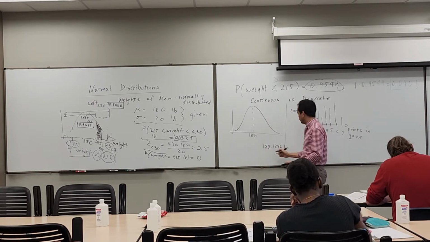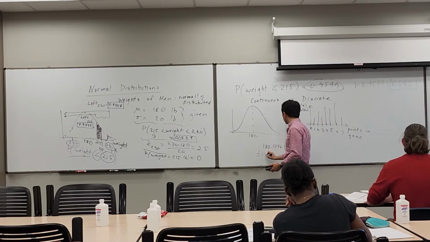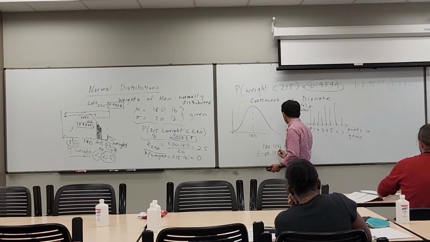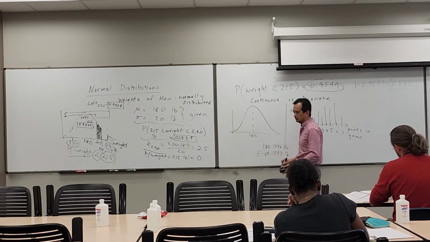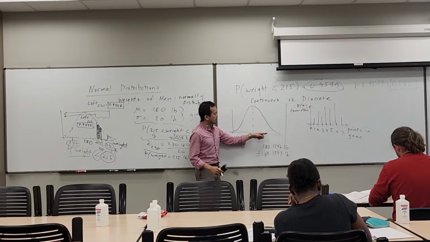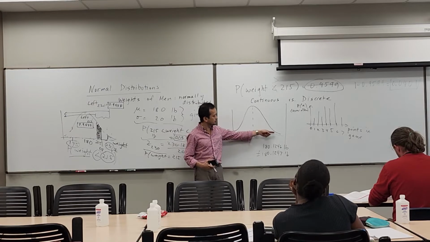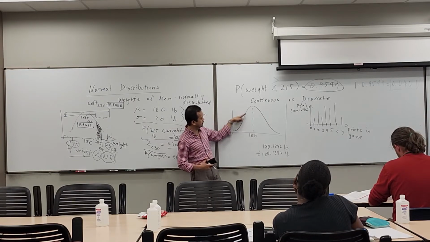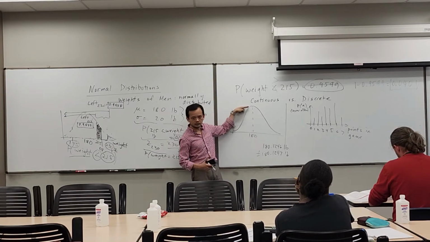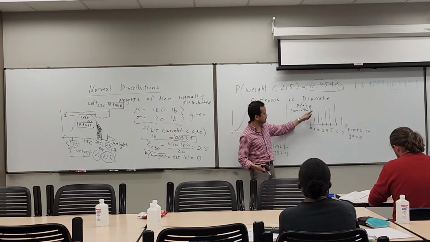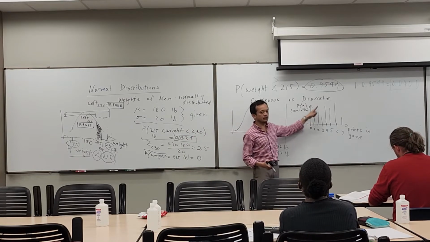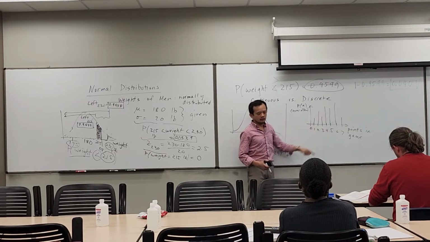That's considered a different weight than somebody who weighs 180.1247 pounds. And just by looking at the picture, you can tell that it's continuous because you can draw this distribution without lifting your pen. Versus over here, to draw the distribution, you have to draw each bar one at a time and then stop and go.